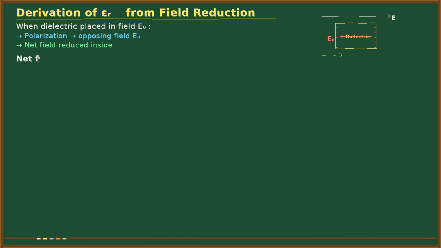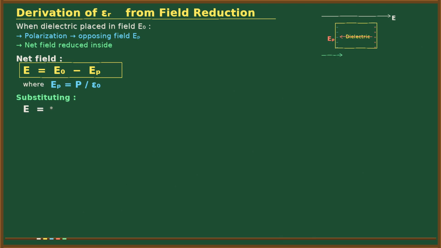The net field inside the dielectric becomes E equals E0 minus EP, where E0 equals the original applied field and EP equals the field due to polarization-induced surface charges. The polarization creates surface charge density, charge per unit area, sigma p, and E sub p equals sigma sub p over epsilon naught equals P over epsilon naught.